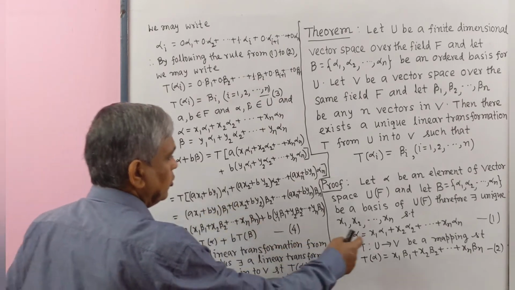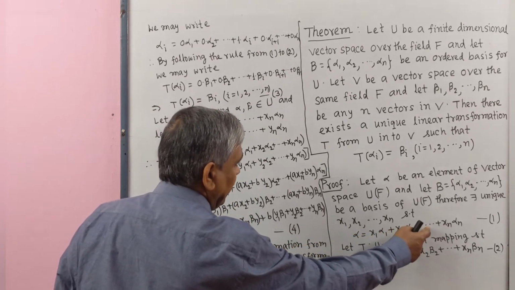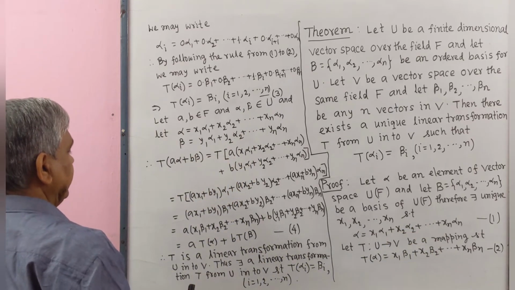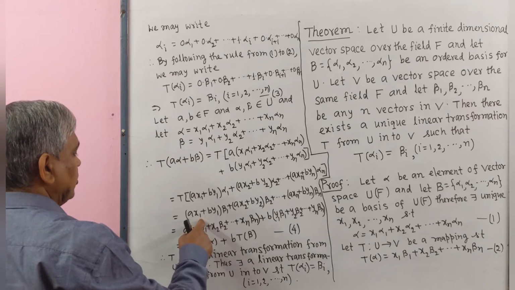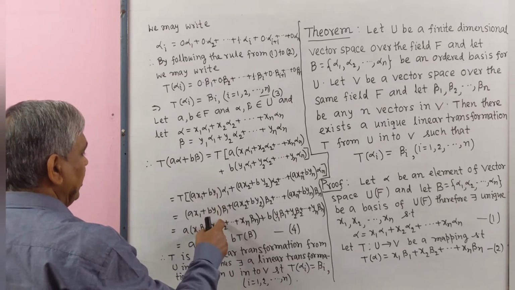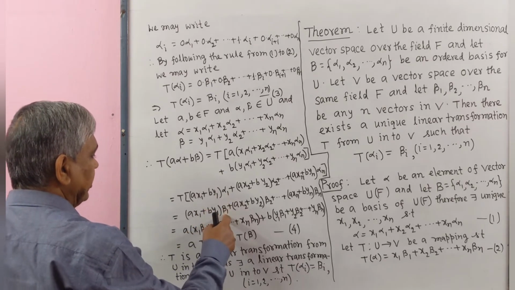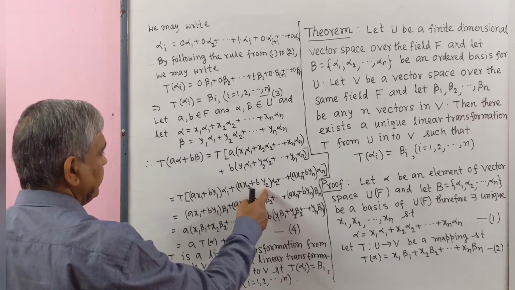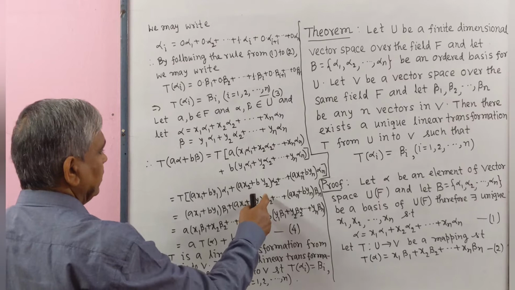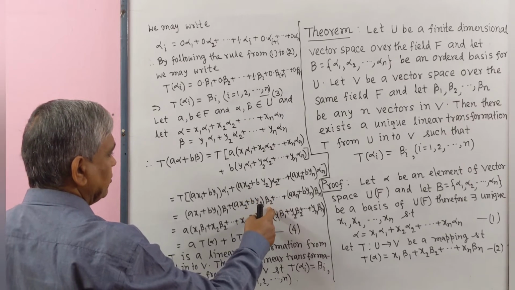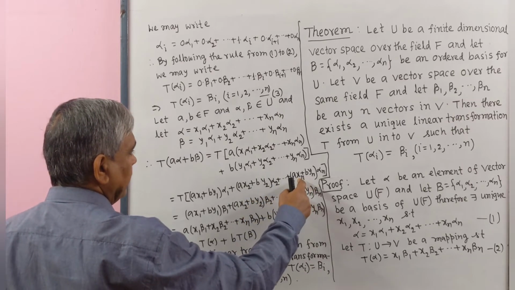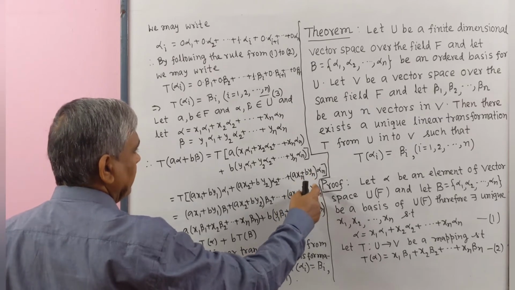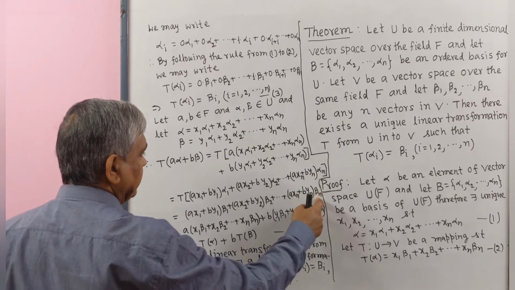Similar to the step from 1 to 2, here we write a x1 plus b y1, in place of alpha 1 we write beta 1, a x2 plus b y2, in place of alpha 2 we write beta 2, plus ... plus a xn plus b yn, in place of alpha n we write beta n.